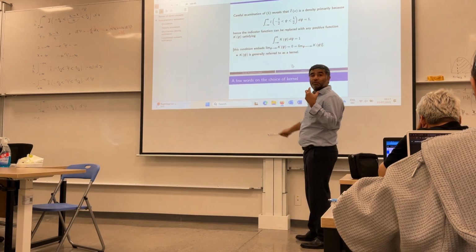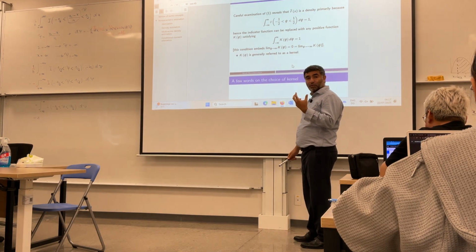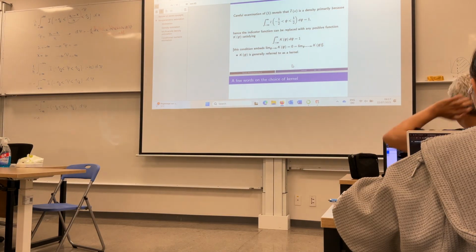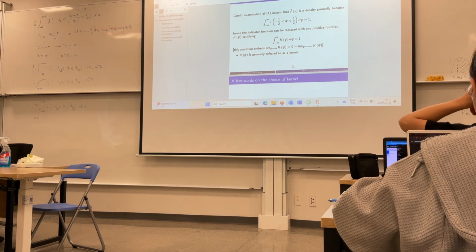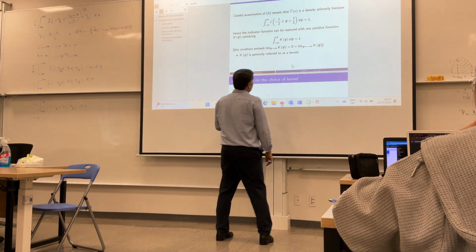That's why we use the Gaussian as the kernel, because the area below it is 1. We could use any other function, we could use a triangle, and we also make it in such a way that the area is 1. And then we will be happy with it.